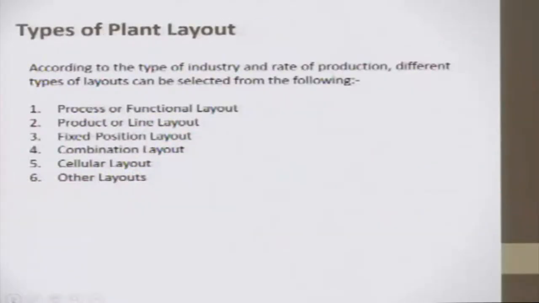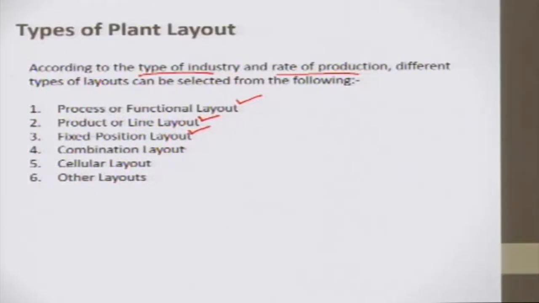Now let us come to the types of plant layout. According to the type of industry and rate of production, different types of layouts can be selected from the following. Number 1 is process or functional layout. Number 2 is product or line layout. Number 3 is fixed position layout.